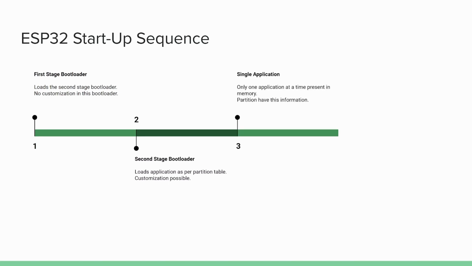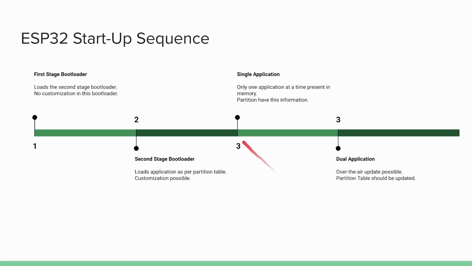And then there are normally two ways to go: a single application or a dual application. In a single application, only one application at a time is present in the memory. We do this management by using the partition table. And the dual application is where over the air update is possible. So what's the main difference?